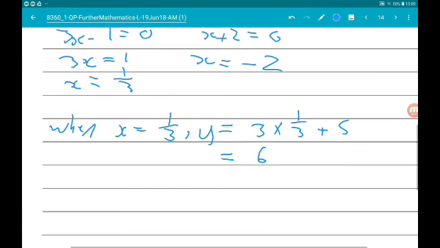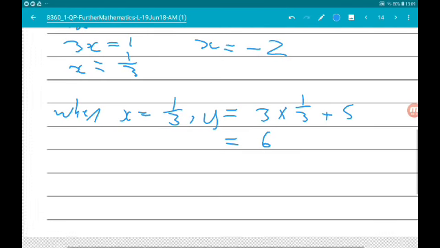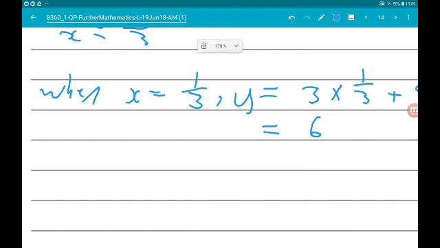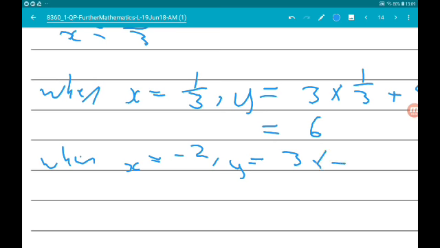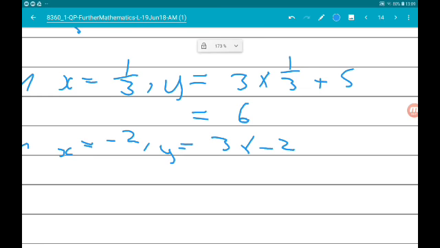And then we know the other x value is minus 2. So when x is equal to minus 2, y is equal to 3 times minus 2, add 5. So 3 times minus 2 is minus 6, add 5 is minus 1.